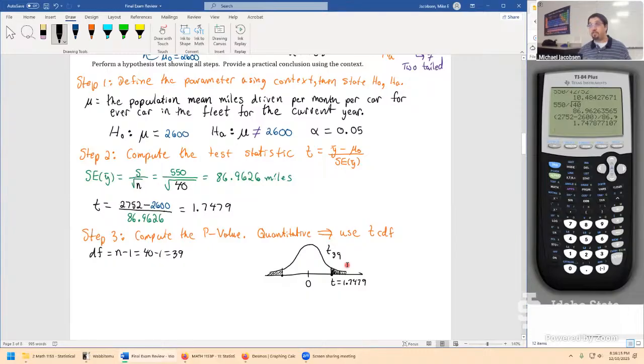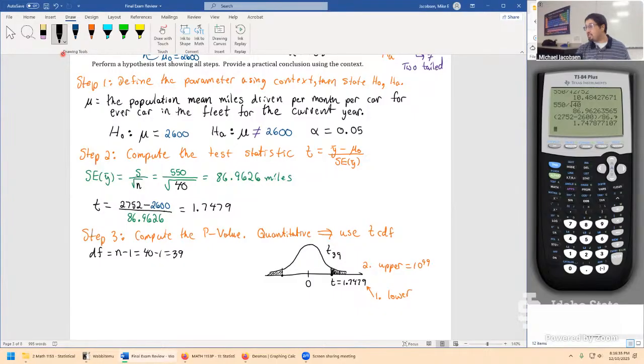But following the strategy verbatim, like we've done in class in the last chapters, this is what we're going to do next. That's input 1, lower. This is input 2, upper, equals 10 to the power 99 because we're shading to the left.